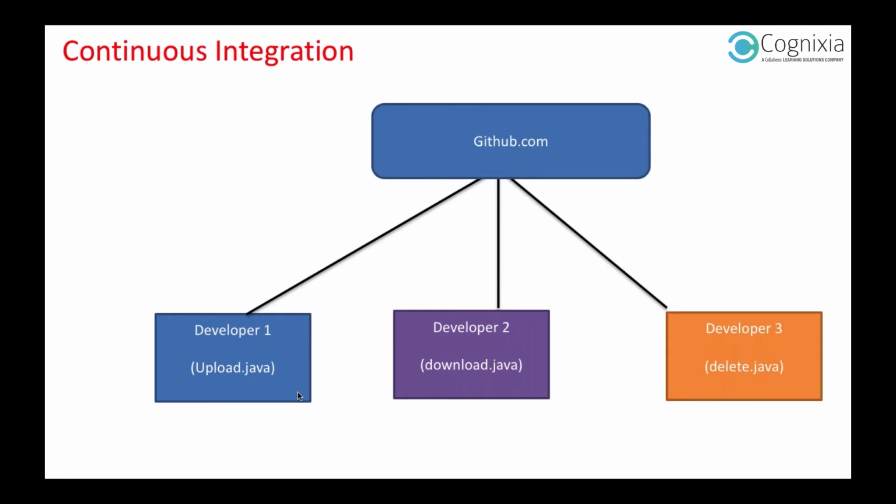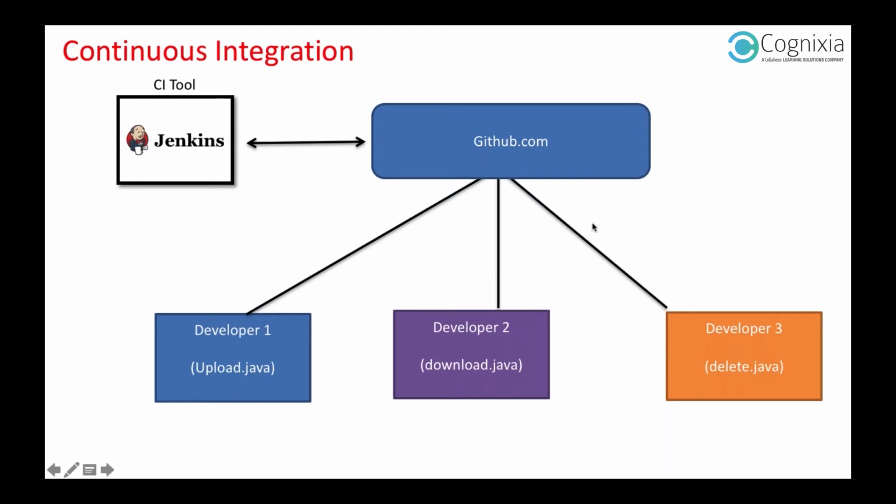You getting it? So it's basically developer 1, developer 2, developer 3 uploading all the files, keeping them in one place, and then we have Jenkins, which is a CI tool. The moment there's a change, it should be notified, right?